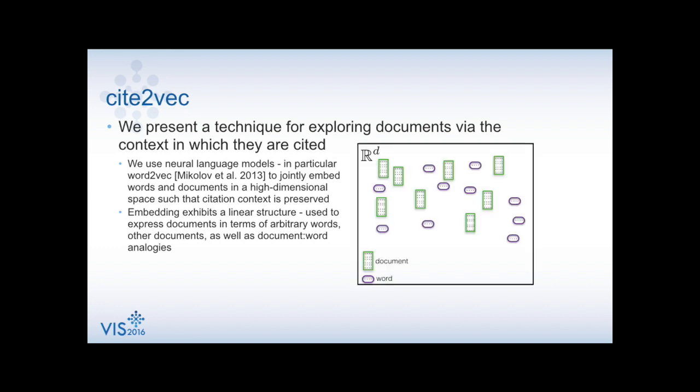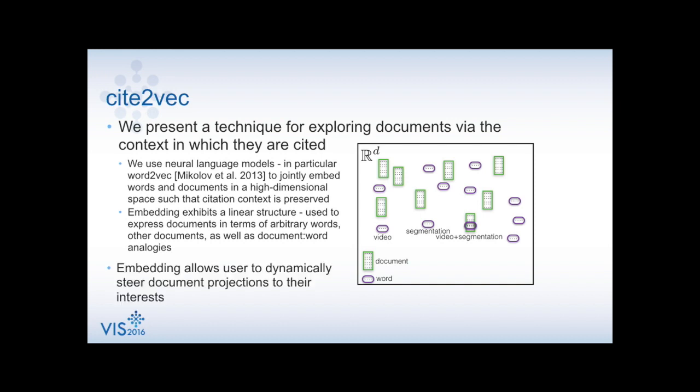As a nominal illustration, consider this embedding of words and documents on the right, where purple icons represent words and green icons represent documents. If we consider the two words shown here, video and segmentation, then the addition of these word embeddings will represent the composition of the meanings residing close to documents that reflect video segmentation. What this enables is the user to dynamically steer 2D document projections based on their specific interests.